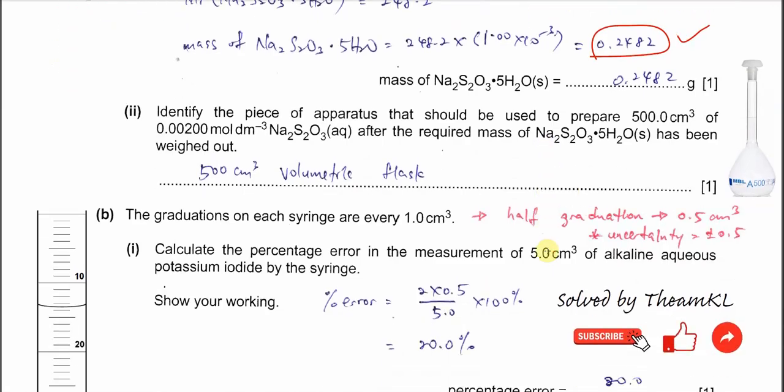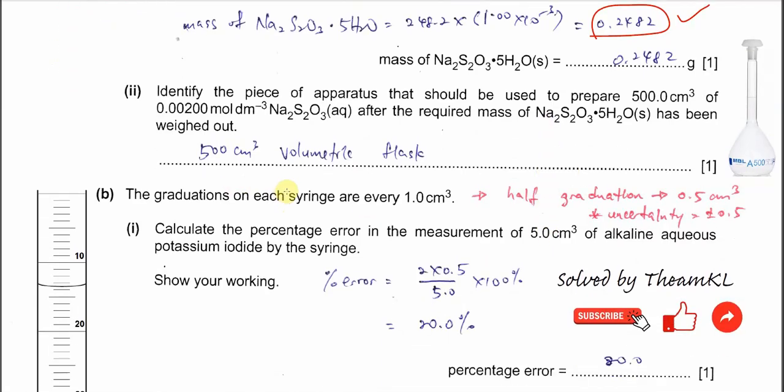Okay, next part. Identify the piece of apparatus that should be used to prepare 500 cm3 of 0.00200 mol per dm3 sodium thiosulfate. So for this one, you need to specifically mention what the apparatus is. Normally when we prepare a solution, we will use the volumetric flask.